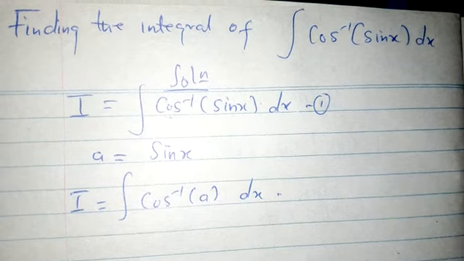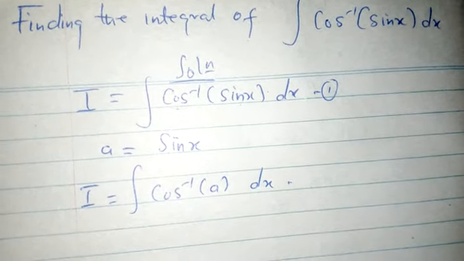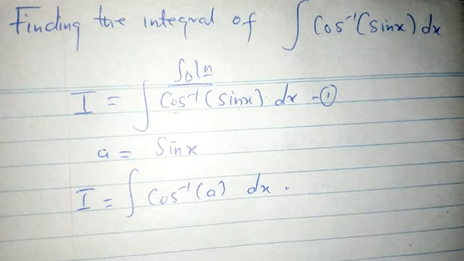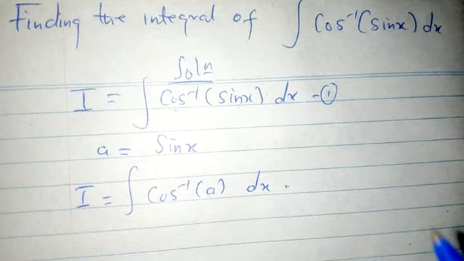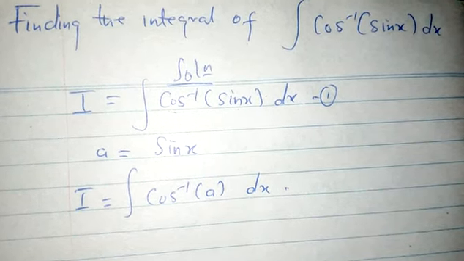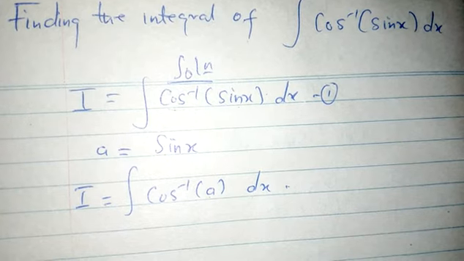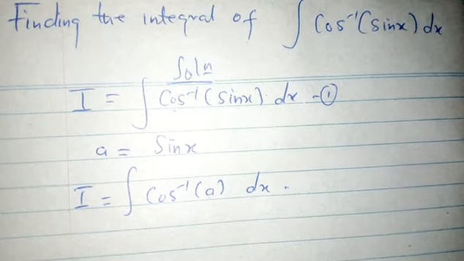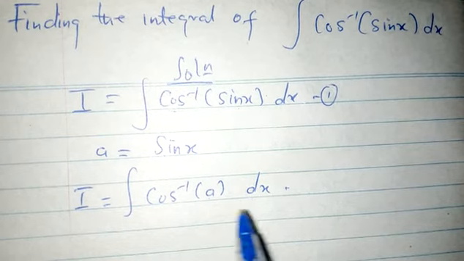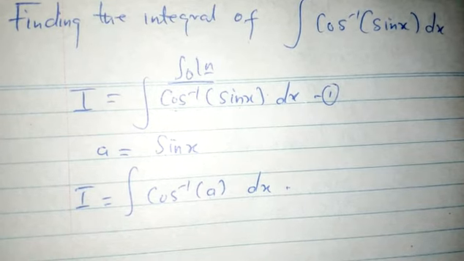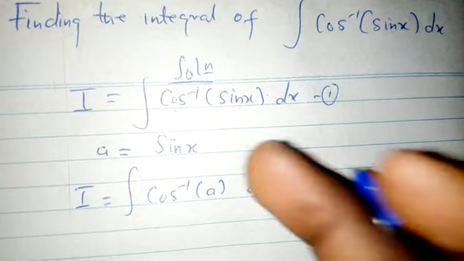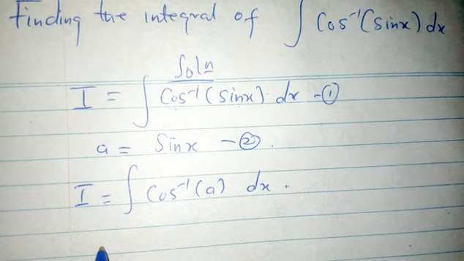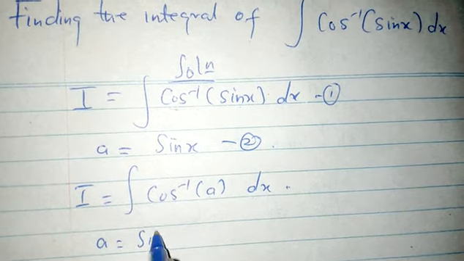It's very easy to integrate. But from here, we want to integrate with respect to a, not with respect to dx. So we have to change our dx to da, and we will get that by differentiating our equation 2. So a is equal to sine x.